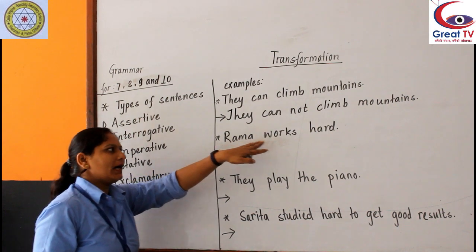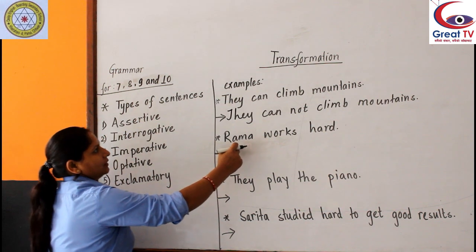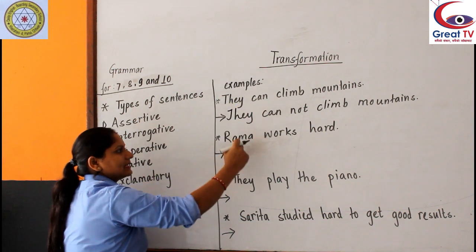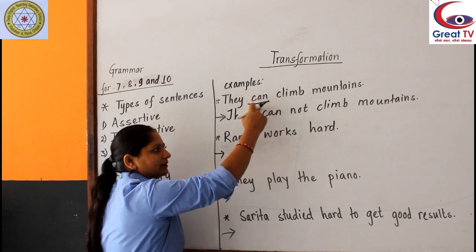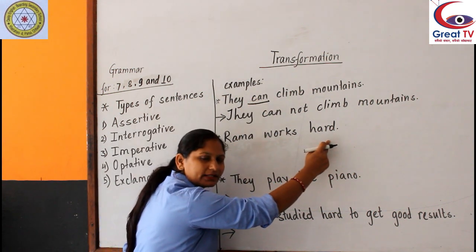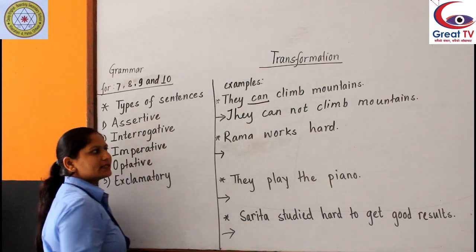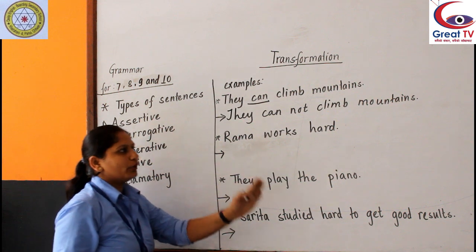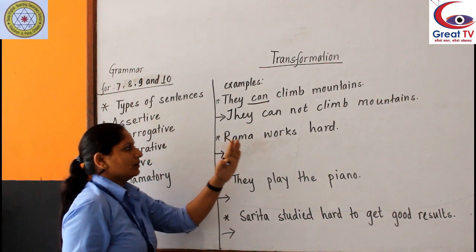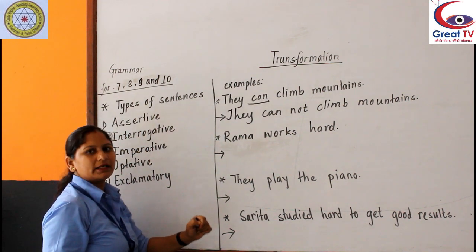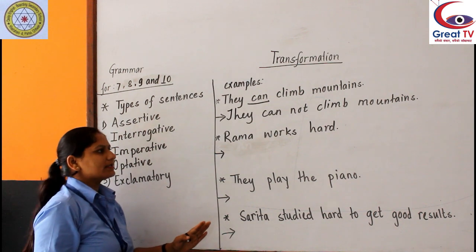Next, Rama works hard. Now see, the difference between this sentence and the previous sentence is we can see the auxiliary can there, but we cannot see any auxiliary in the sentence Rama works hard. When no auxiliary is present, what we have to consider is the main verb present in the sentence.